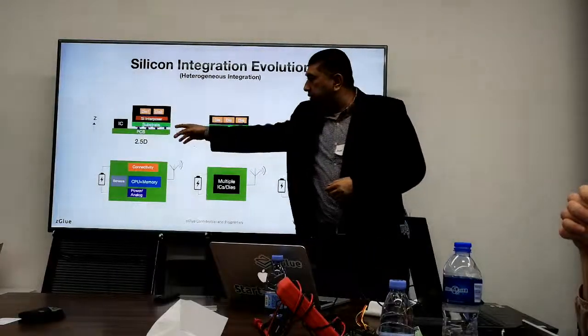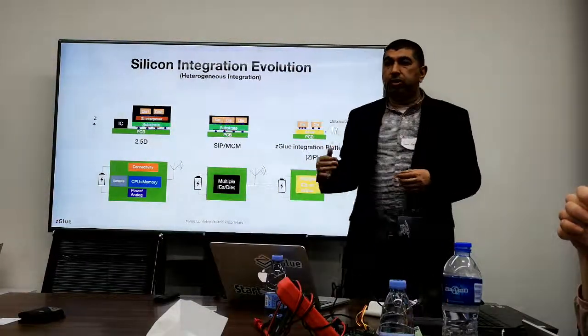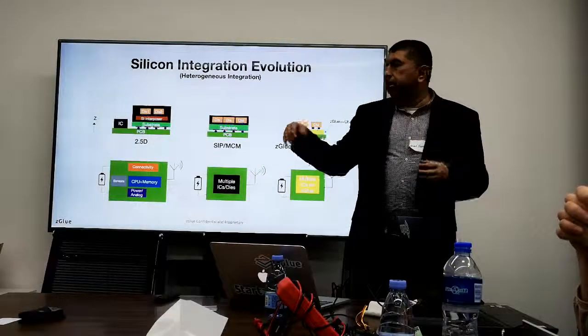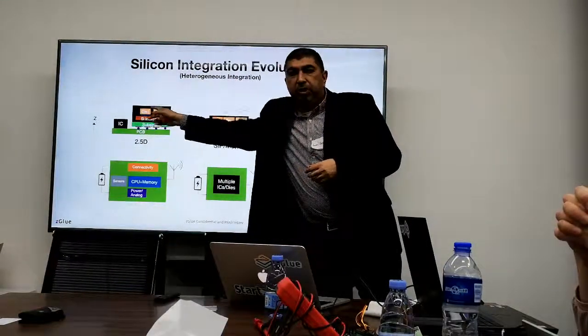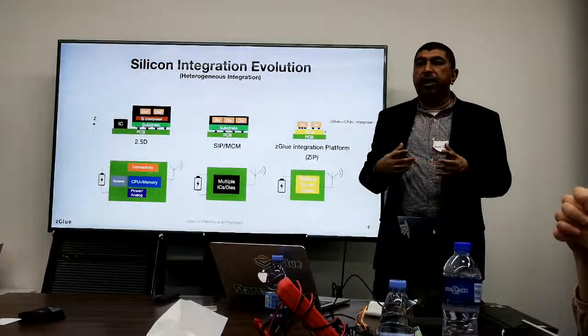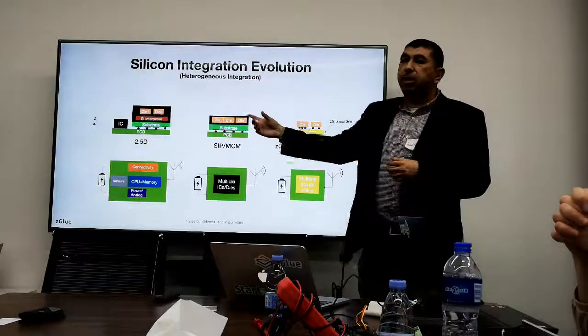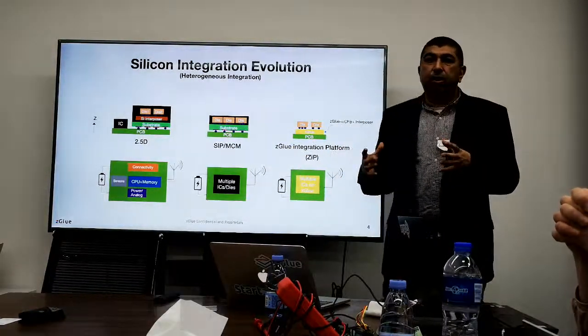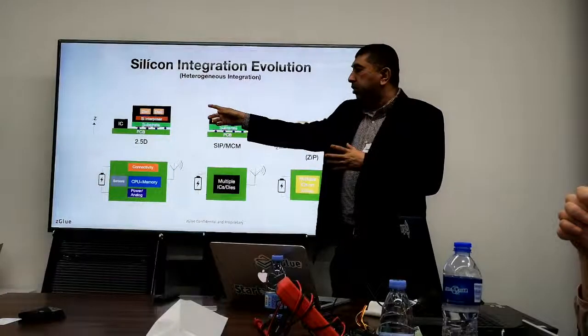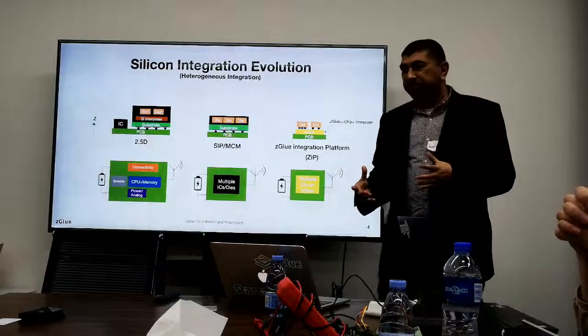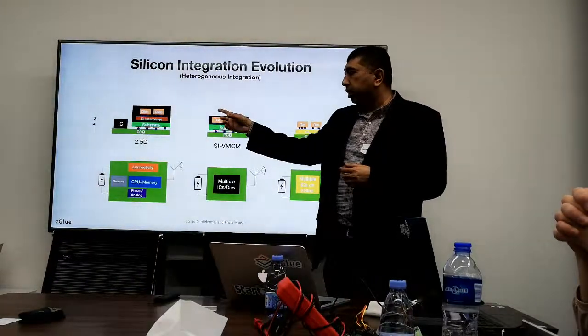In this technology, there is a silicon interposer, which is a piece of silicon, and then you have multiple dies. Usually one die is a microprocessor, the other die is memory. So high bandwidth memory, this actually has been shipping in the server market.